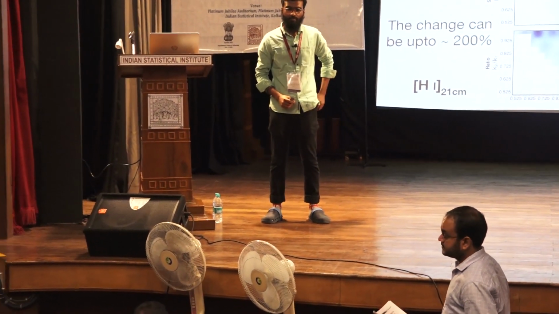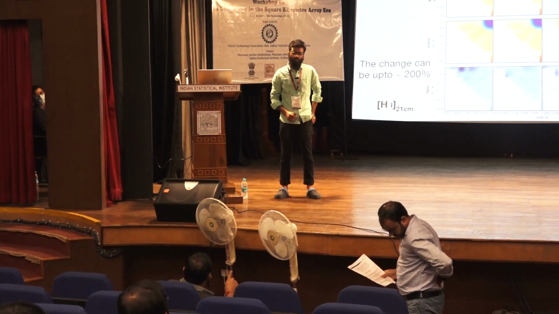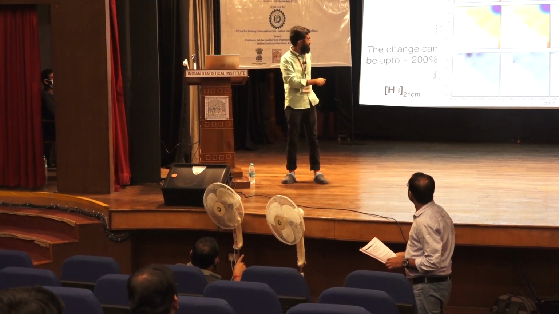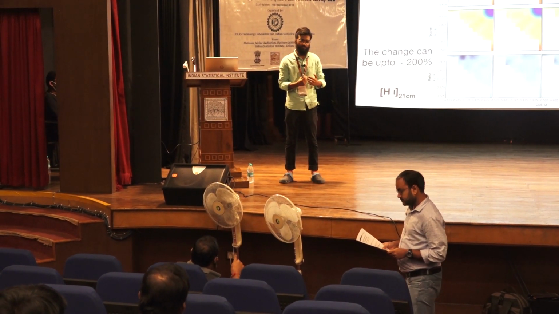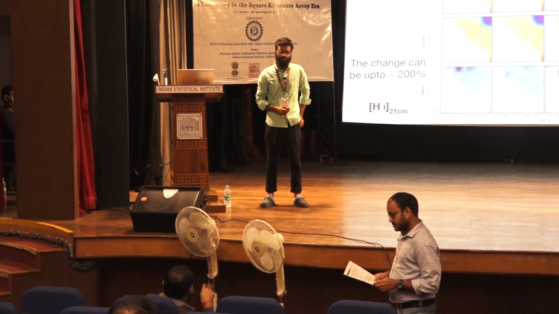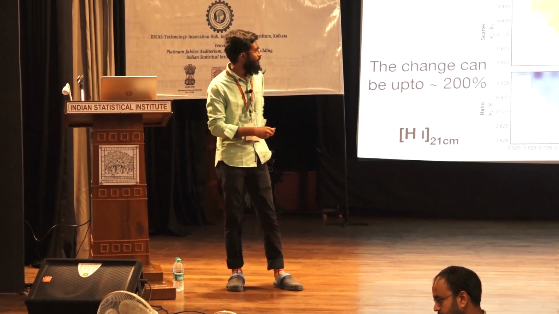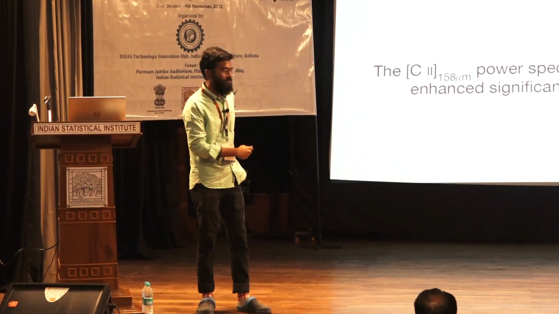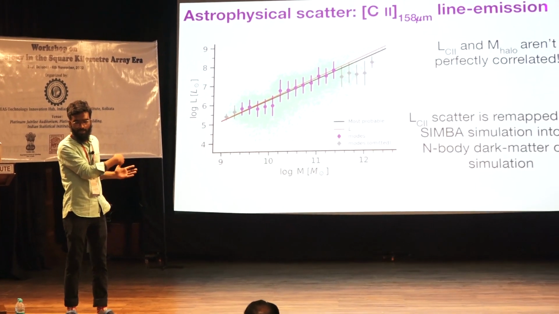So when you add your scatter, you add it randomly without any information about the environment from Simba. Is that correct? Yeah, for the 21 centimeter case, we introduce it artificially. Is there any effect of the environment on the luminosity versus mass relation? Environment in the sense that galaxies in a similar environment will have a similar relation, less scatter kind of thing. Okay, so you mean if we take this realistic scatter?